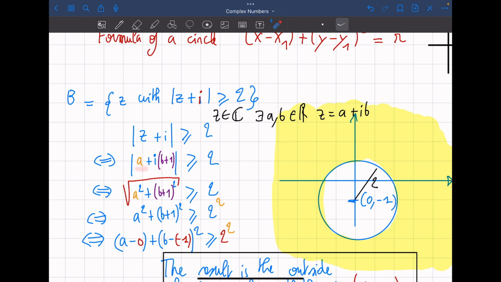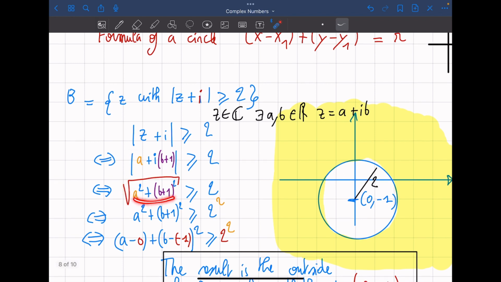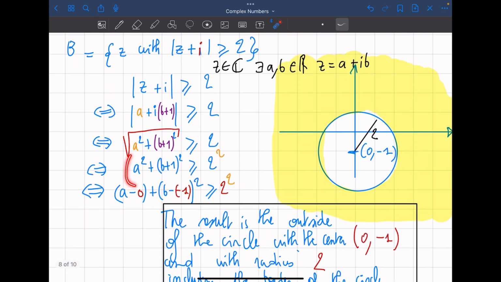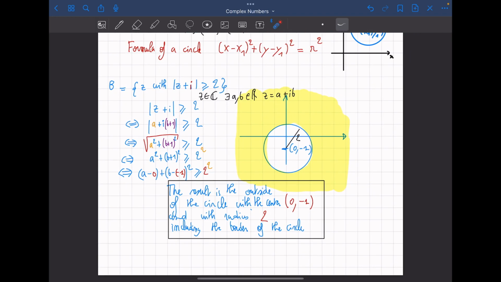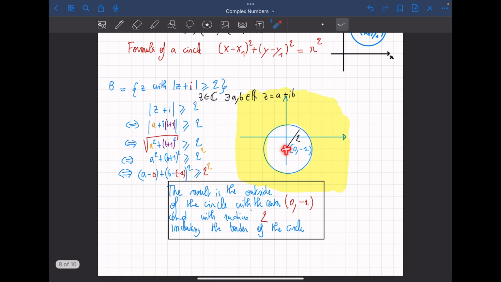So when I use the definition of the modulus, I get the square root of that. And since this is positive and this is positive, I can just square both sides. And then I get, again, the equation of a circle, a minus 0. And here, plus 1 is the same as minus minus 1. So I get the center being 0, minus 1, and the radius 2 here.